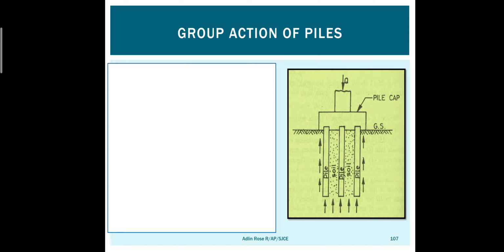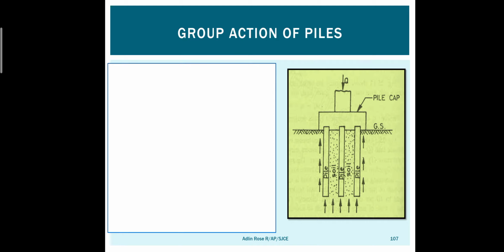But this is not applicable, because each pile can carry different loads. Each pile can carry different intensities, or in all the cases the efficiency of the piles will not be equal.